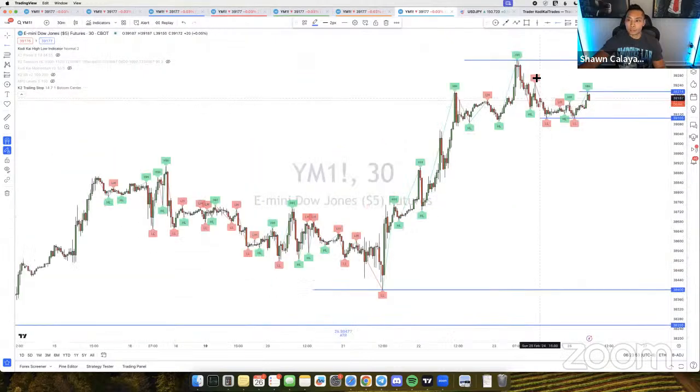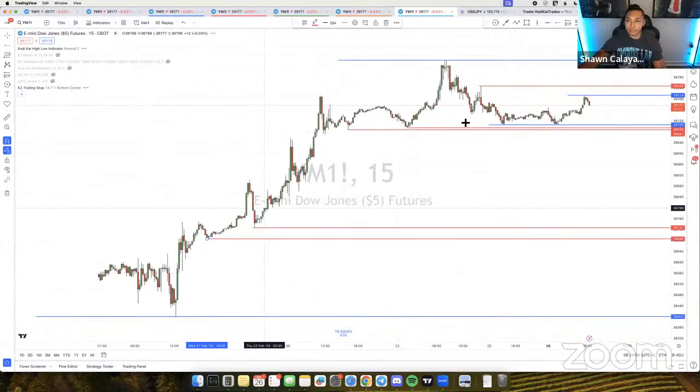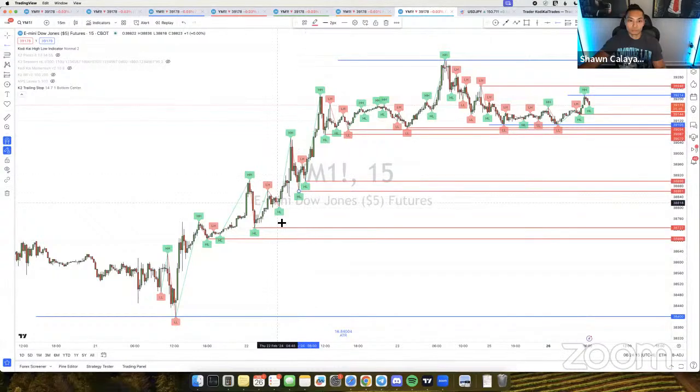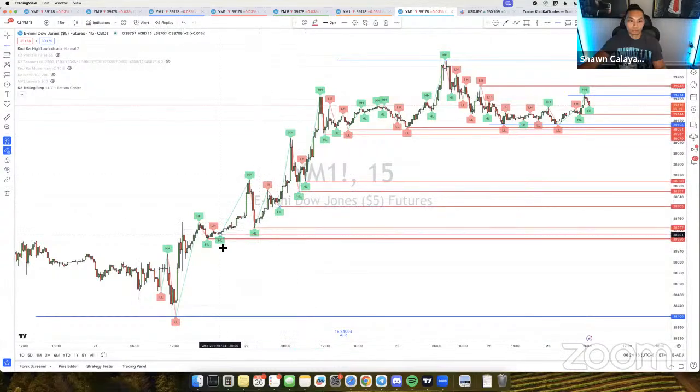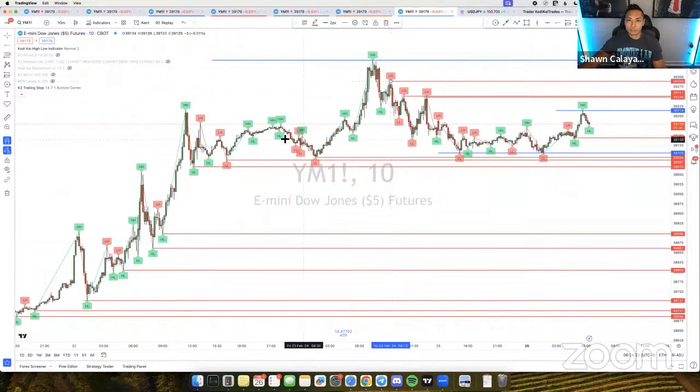Down to the 30-minute. Changes to red. Down to the 15-minute. Down to the 10-minute. And it looks like we are good to go.